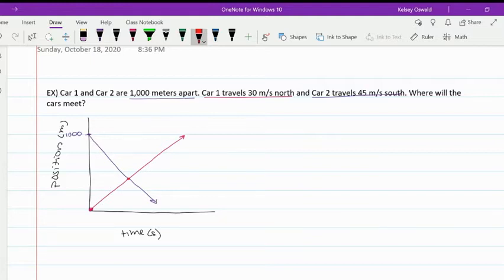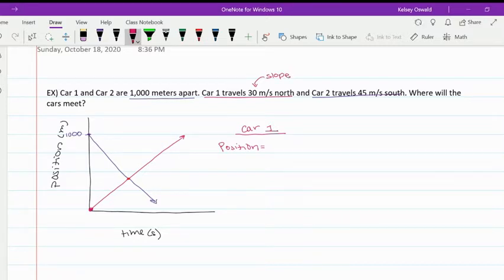Okay. So a good place to start off with these, once we have a sketch of what our motion will look like, is to write an equation for each of our cars. So if we look at car 1, to find our position, or y, we're going to want to take our slope, and remember our slope is equal to the speed of the car.